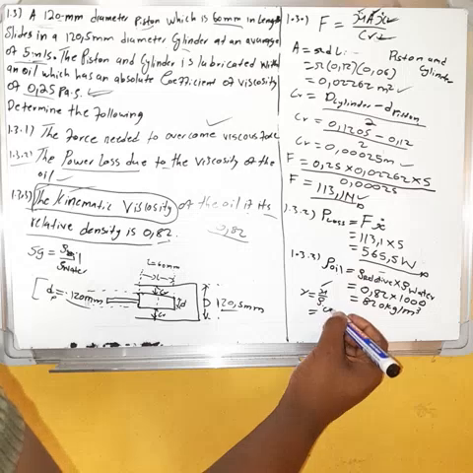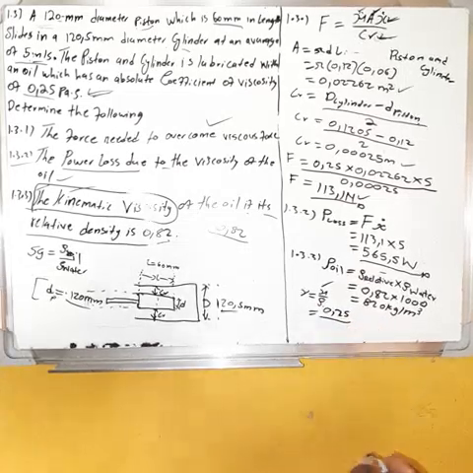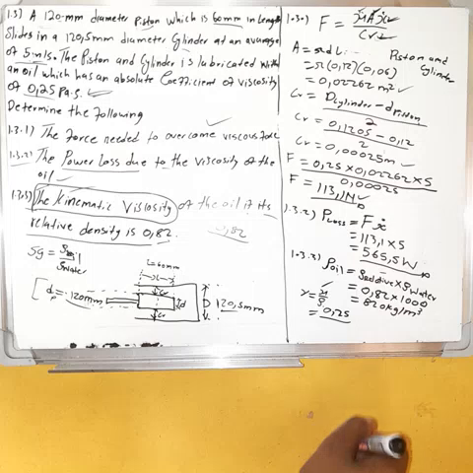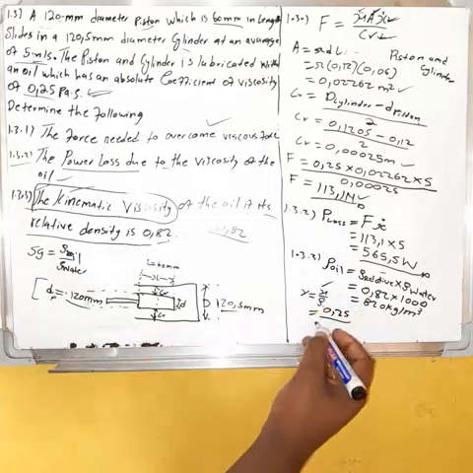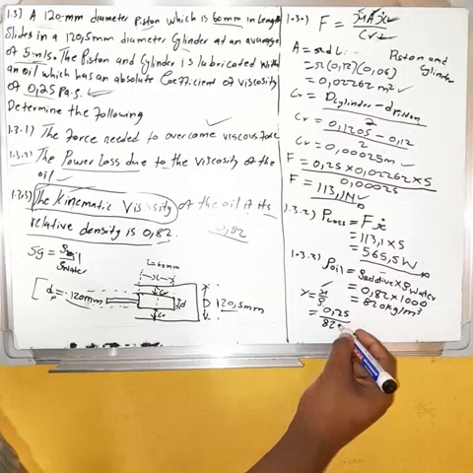It is 0.25 divided by the density of this substance. We know that is 820.